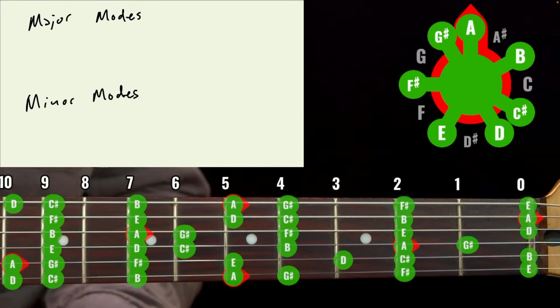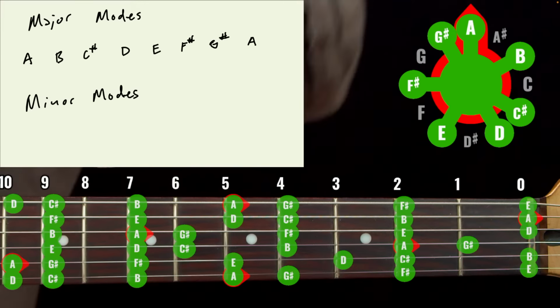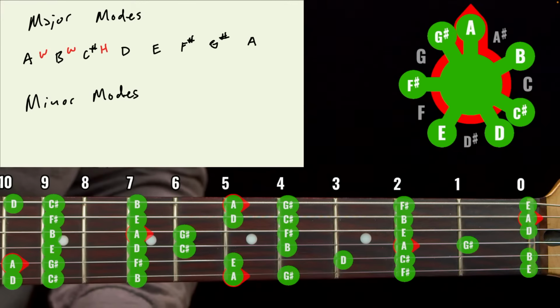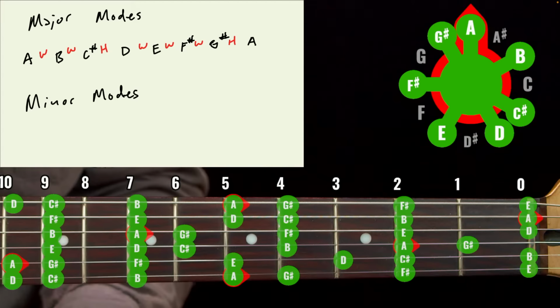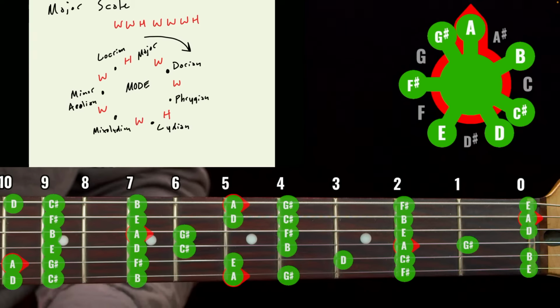A major, we've got A, B, C sharp, D, E, F sharp, G sharp, A. Now, we know this is whole, whole, half, whole, whole, whole, half. Now, if we look at this chart, where did I put that? Over here.